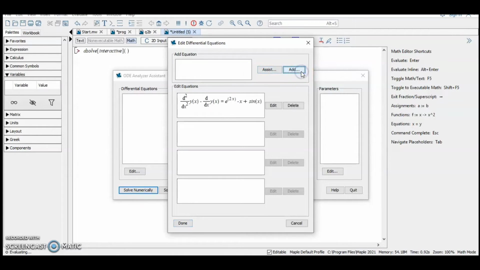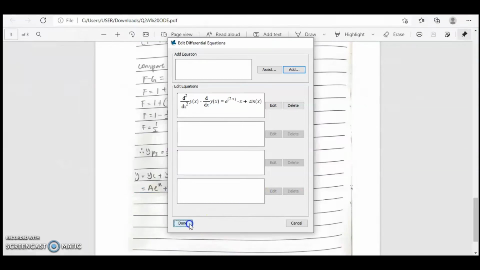So add, and this is the equation, and then we click done.